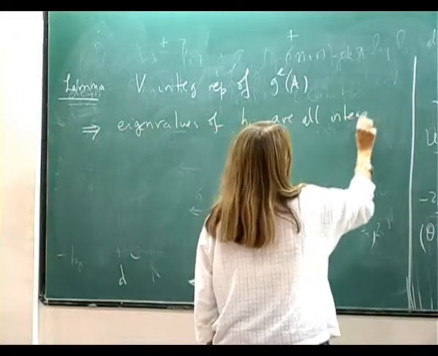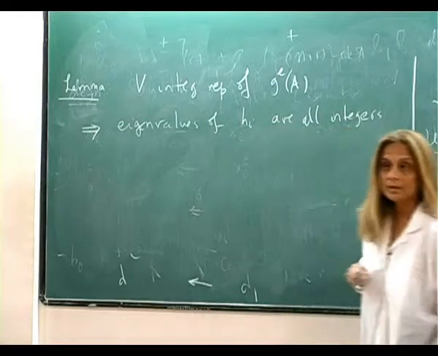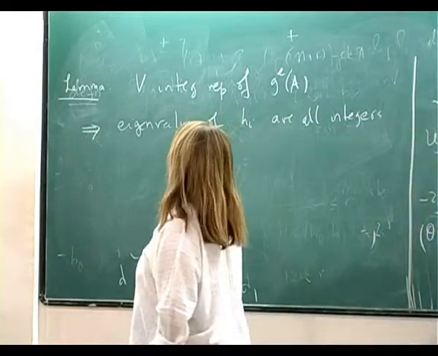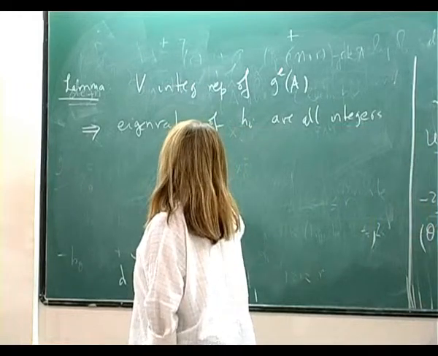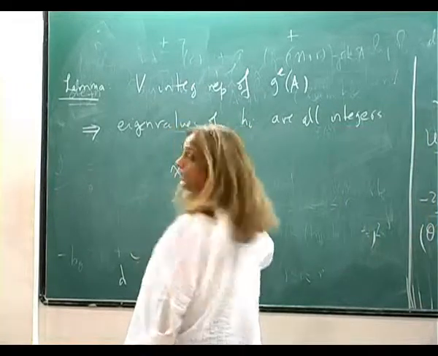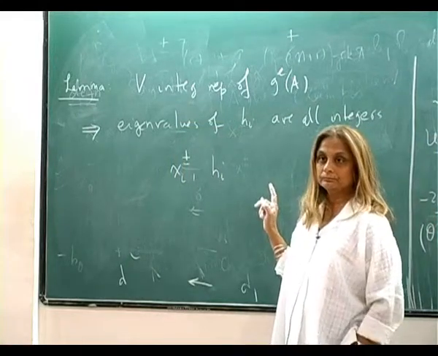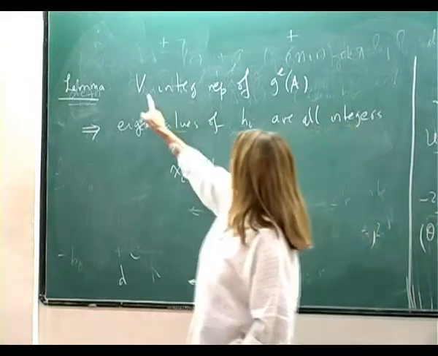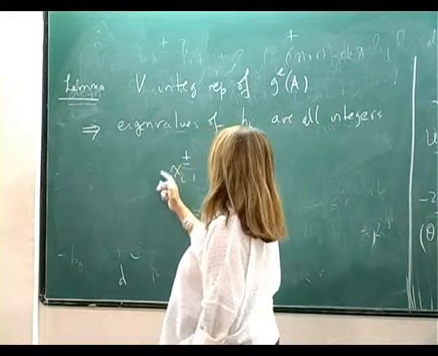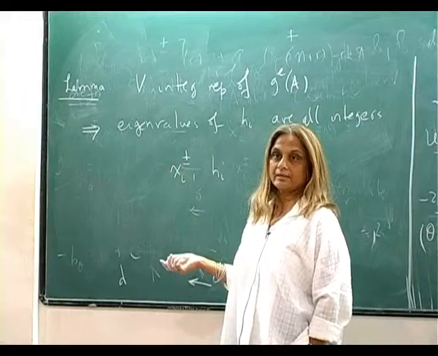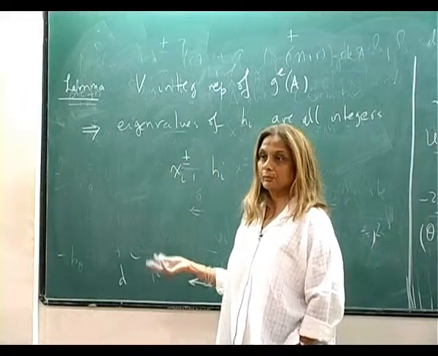So why do I think you know this lemma? Let's look at the X_i plus or minus and the H_i's. We know that this forms an SL2, and that if you take any vector over here, this gives you a finite dimensional SL2 module. That's the definition of integrable.